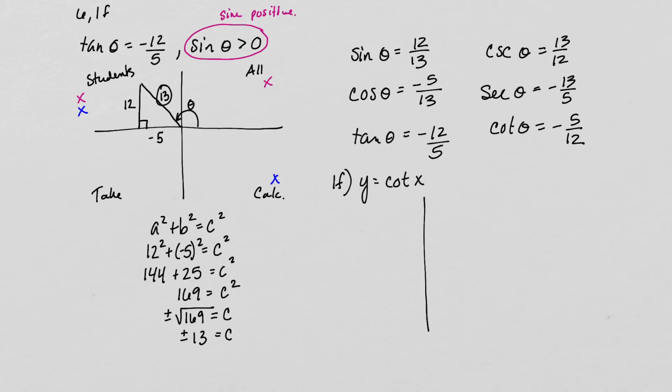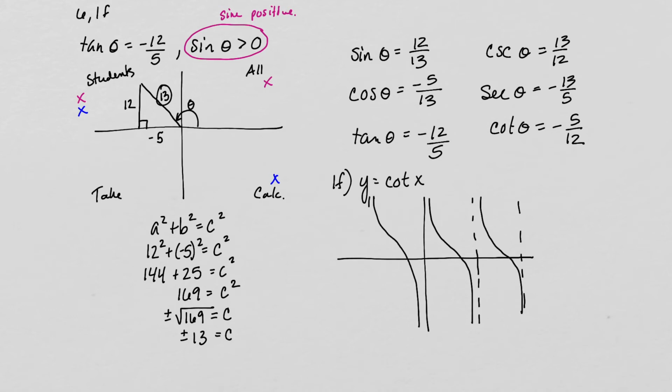So if we recall, the cotangent of x graph looked like this. So it came down that way, right? And it had all these asymptotes. And then we just have to label these. So obviously this is 0, right?